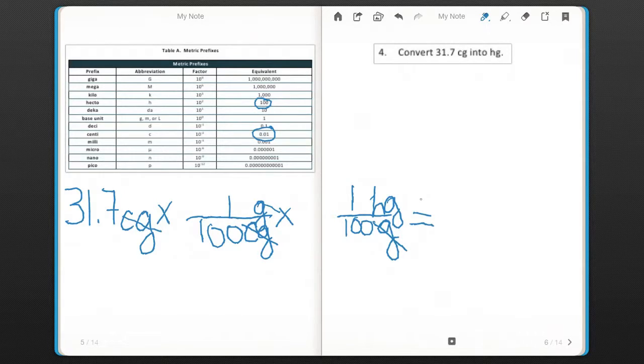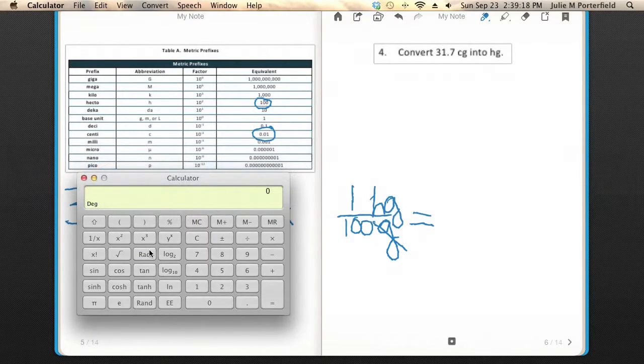Now all we have to do is the actual math behind this. First we're going to take our 31.7 and divide that by 100, like the first fraction said to do. Then we're going to take that number and divide it by 100 again. That gives us our answer, 0.00317.